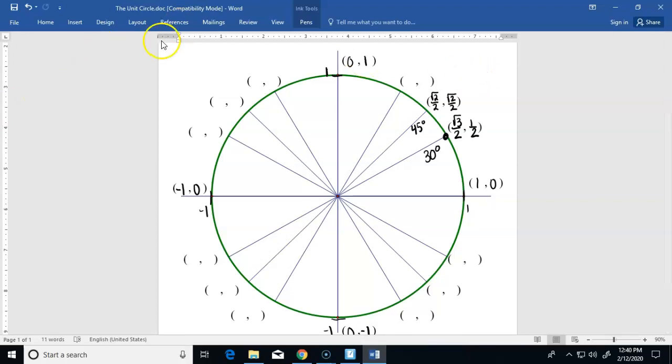Okay. All right, we've got one more we're going to do, and then it's going to be a lot easier to fill in the rest of that unit circle.